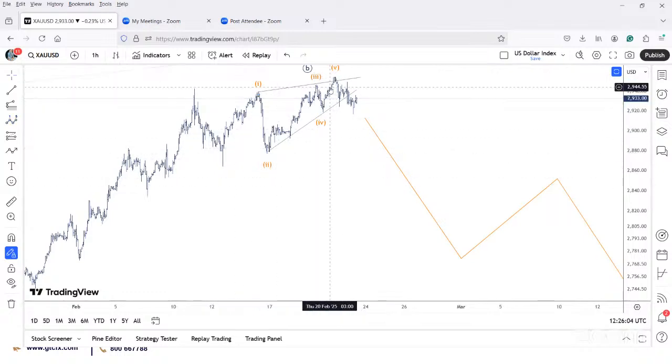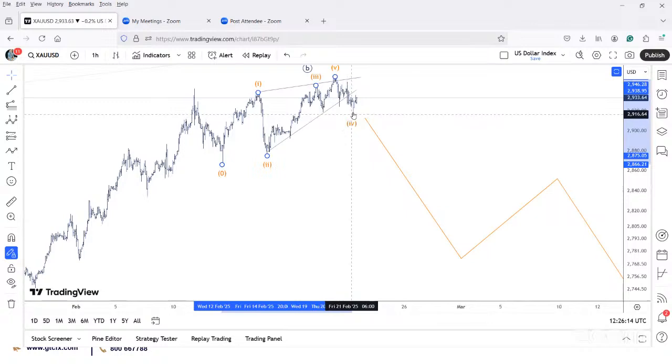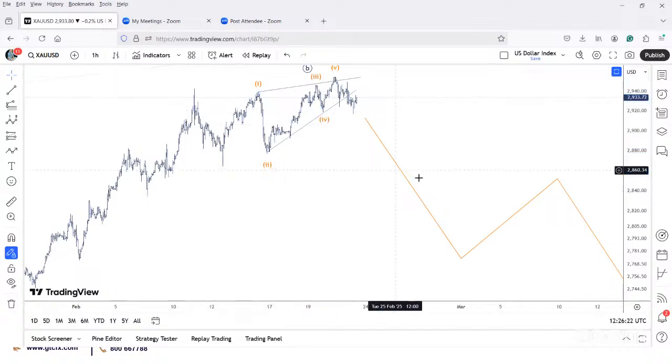It's a 5-wave structure, and each wave is subdivided into 3 waves. Now, if we are wrong, there is a possibility of wave 4 coming here, and then we might have one more leg. But probabilities are quite high that we have confirmation because we have seen a break of price.